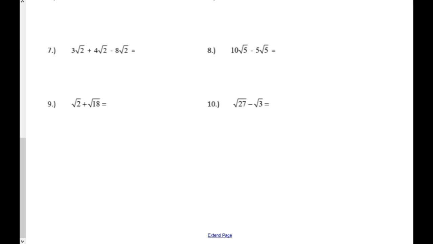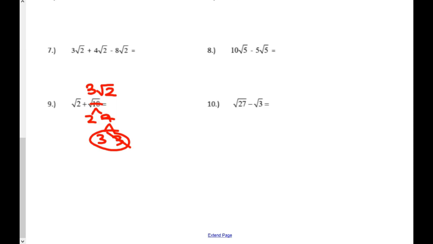So let's do that real quick. 18 breaks down into 2 times 9. 9 breaks down into 3 times 3. And that's it. Do I have any pairs? Yeah, a pair of 3s, right? So what goes out? The 3. What stays in? The 2. So above it, I'm going to rewrite 3 square root of 2.